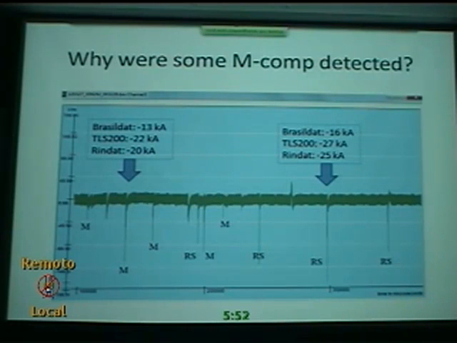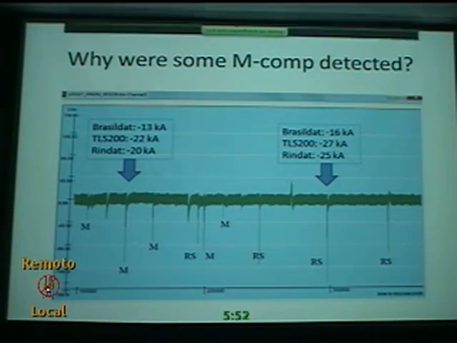That's what I expect, because we have an offset in location accuracy for RINDAT since we are not using the new algorithm for the sensors, although we are using the TLP, nor the new algorithm for the initial stage. And BrasilDat also has a systematic error due to the topography. It's the same problem that you have in the US, and Stan is working on that.